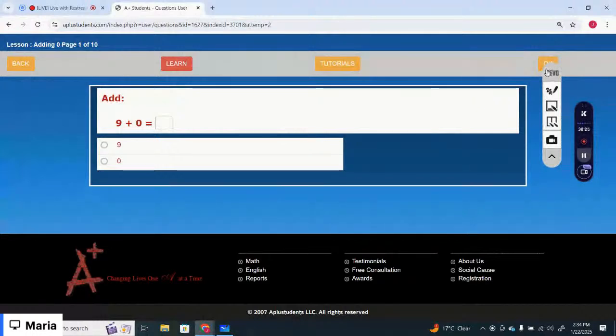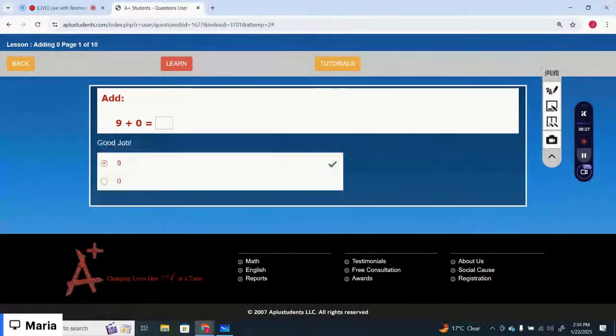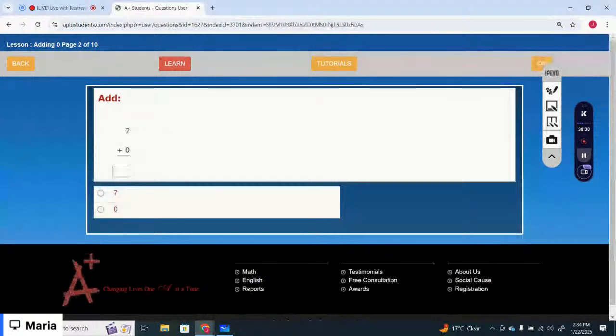Whatever number you are adding to 0, the number stays the same. The answer is always the same number. 7 plus 0 makes 7. The correct option is option number 1, that is 7.